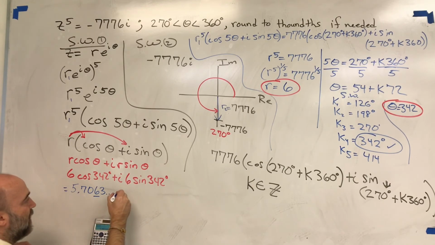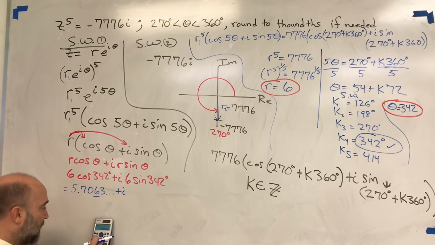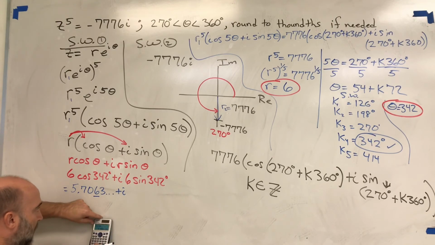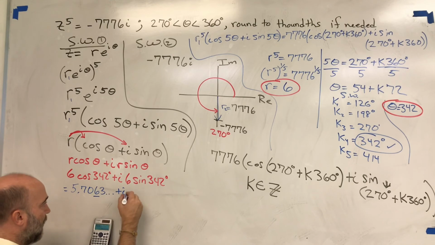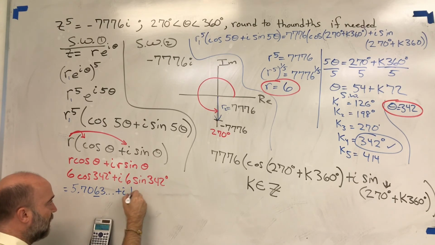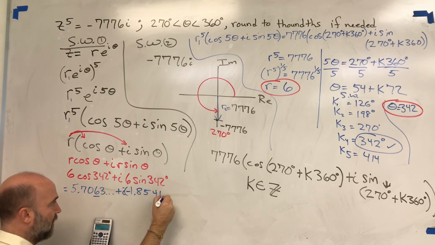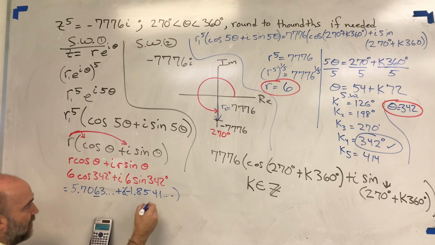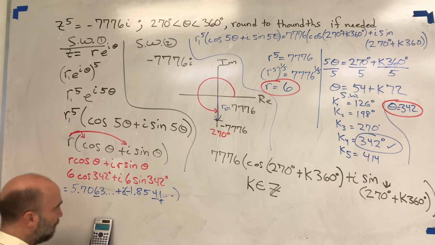And this one is plus i. Do the same thing. Sine of 342 is equal to a negative, and then times 6. I got negative 1.8541 dot, dot, dot. We're asked to round to thousandths place.